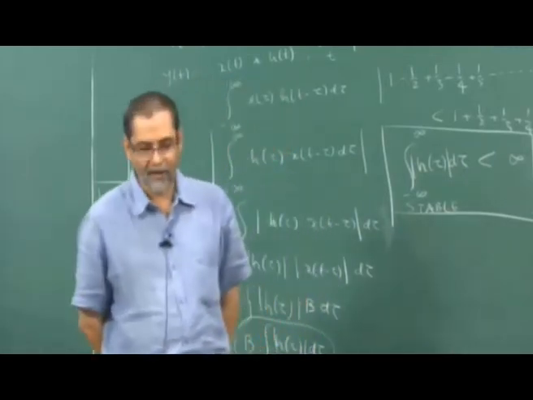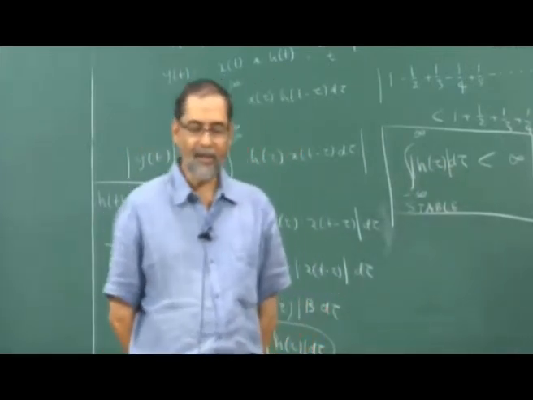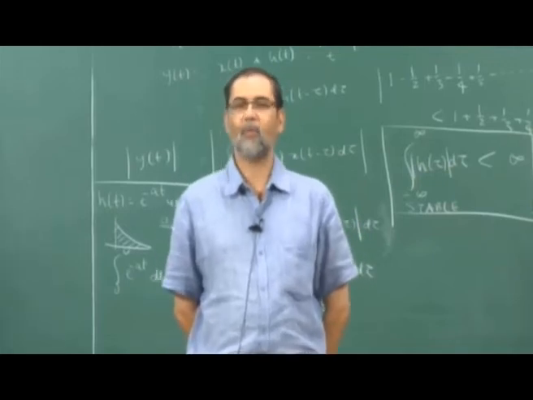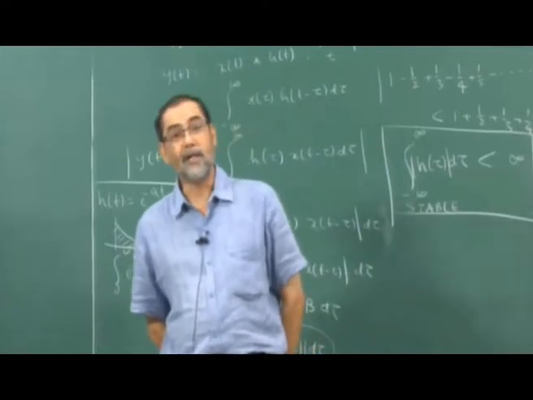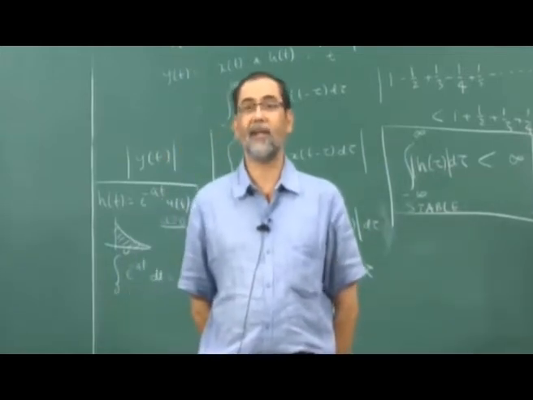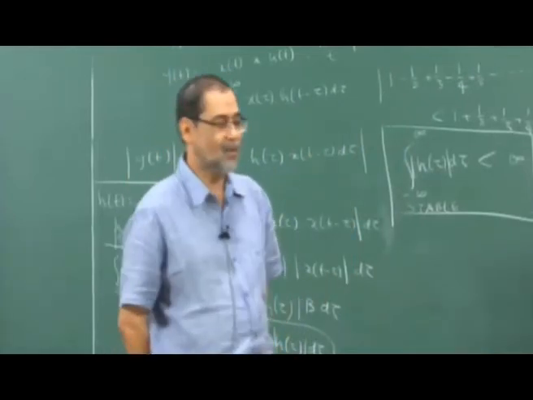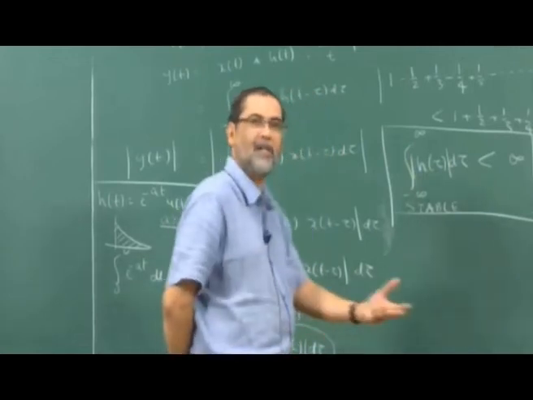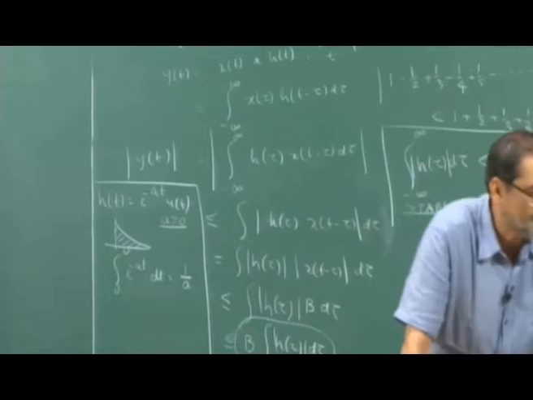I want each one of you in this course to at least mathematically prove and convince yourself that 1 plus 1 plus 1 up to infinity does not converge. It's an exploding sequence. So I wanted to show that. So please, and for the same reason, integration of u of t also is not a converging series.